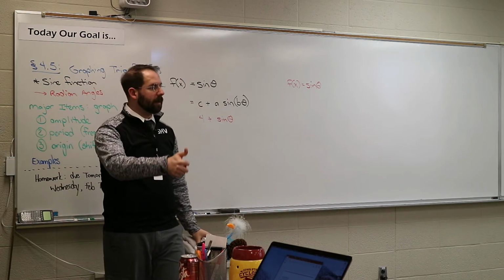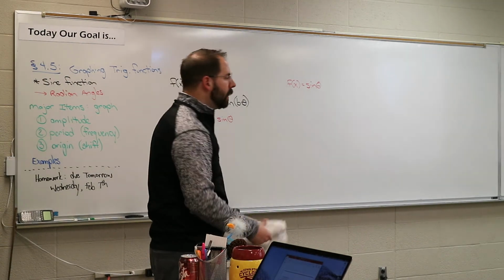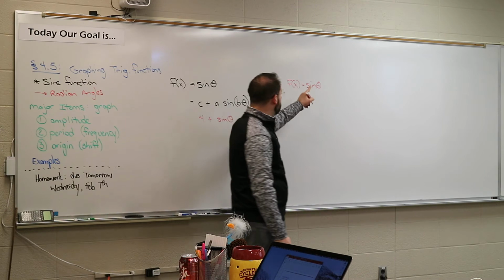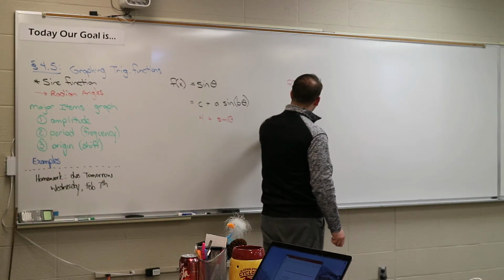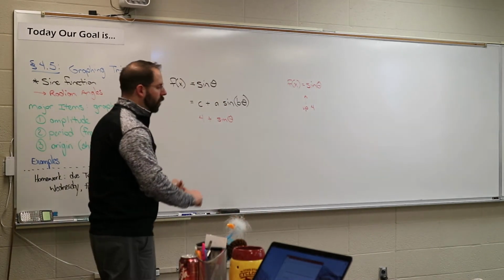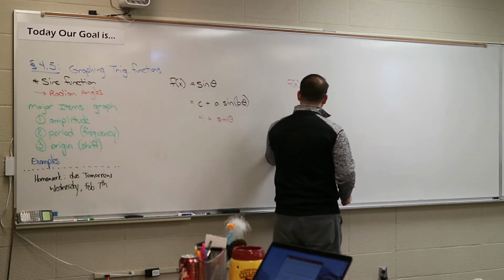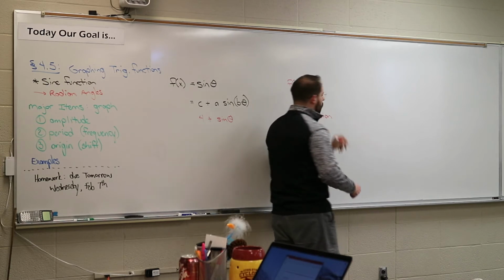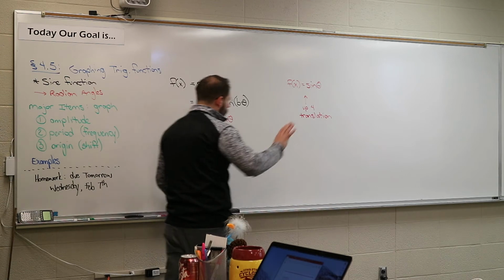I'm not messing with amplitude, I'm not messing with the period length because there's no number with my theta, but the plus 4 means that my graph, my normal picture, is being shifted up 4. It's a normal transformation, an actual translation, like in algebra class, where you transform the picture.